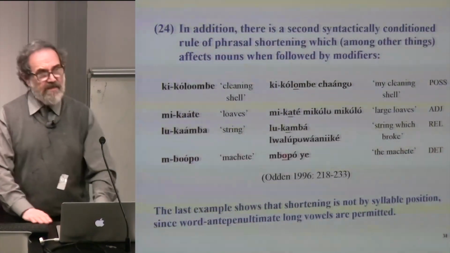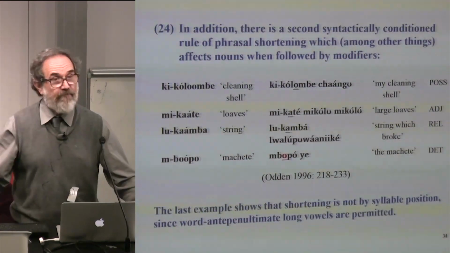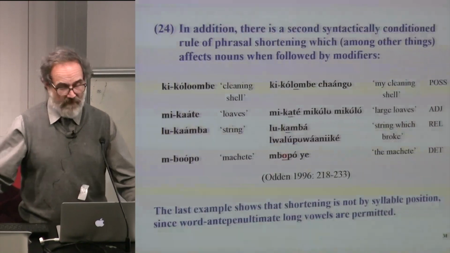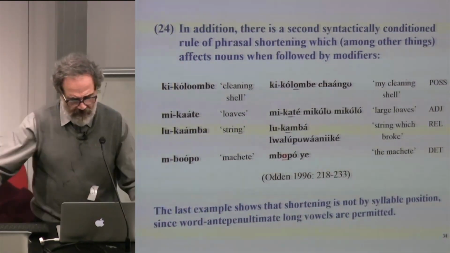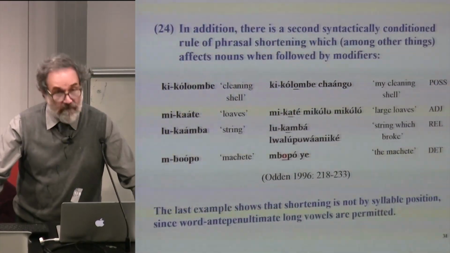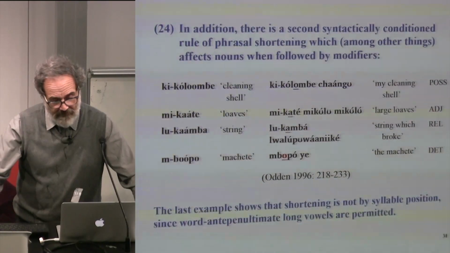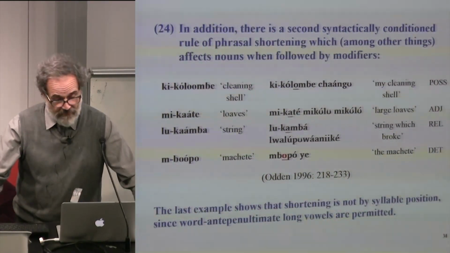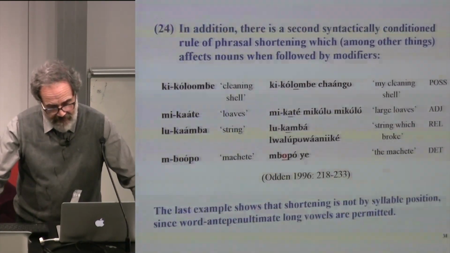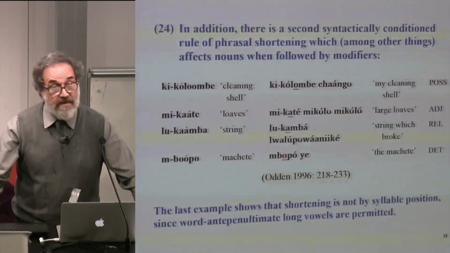But in addition, Odden shows that there's a second, syntactically conditioned rule of phrasal shortening, which among other things affects nouns when they are followed by modifiers. So here you have the nouns in the leftmost column, like kikolombe, with a long vowel in the penultimate position. But when I add 'my', it becomes kukolombe changu. So it has to shorten. And similarly, loaves, mikate, shortens when the reduplicated adjective 'large' is added.